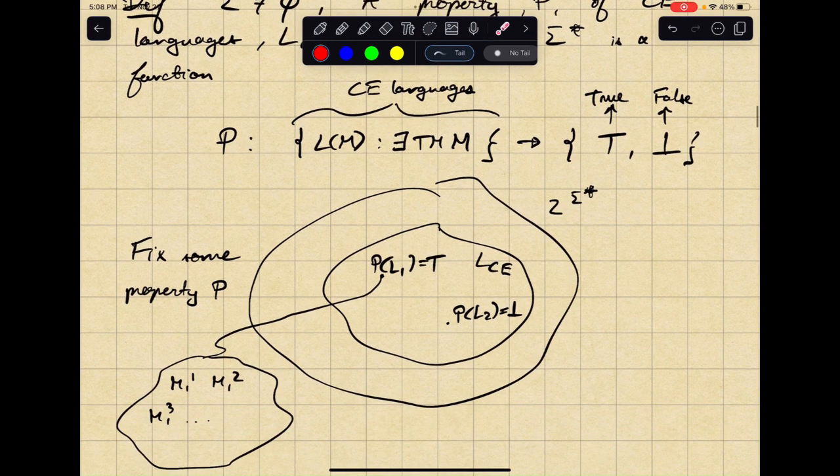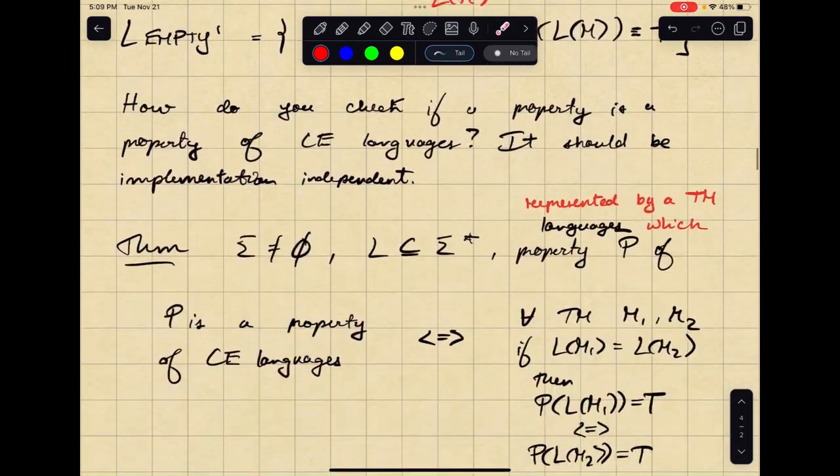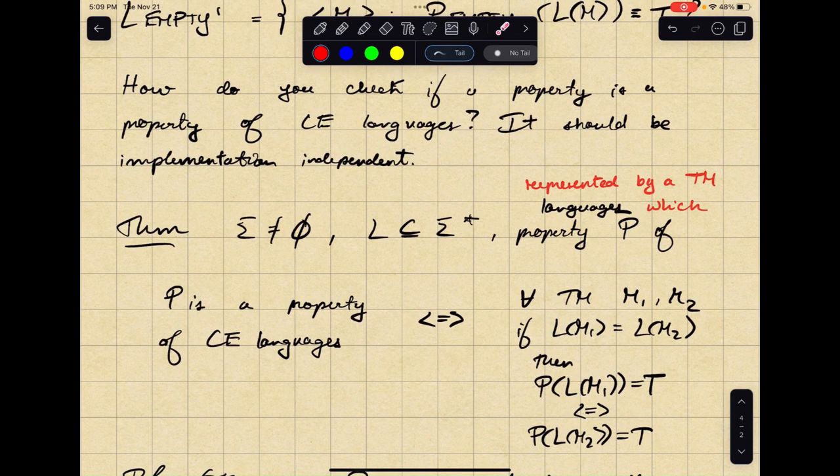So for example, P of L1, if L1 was a CE language, then P of L1 might evaluate to true, whereas P of L2 might evaluate to false, okay? And this was the definition of a property of CE languages. What I had done slightly later on is that I had given this other theorem where I was talking about the implementation independence of properties of CE languages.